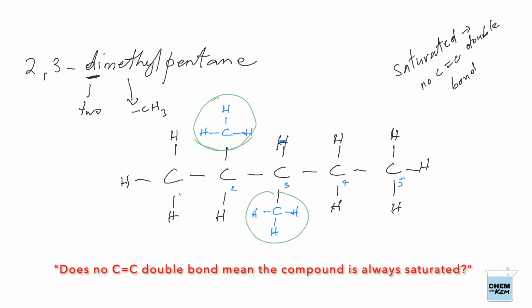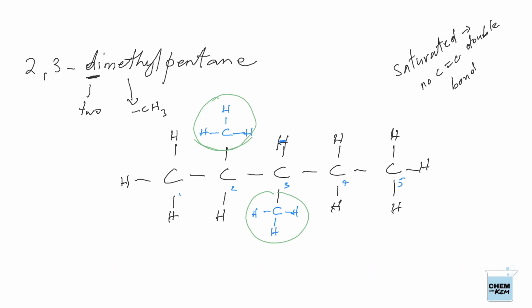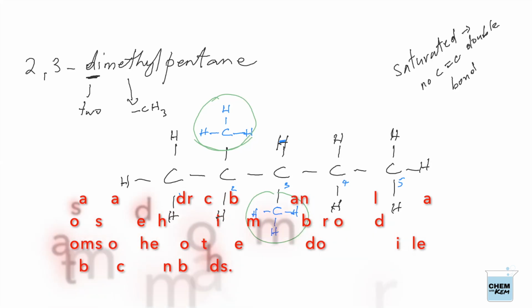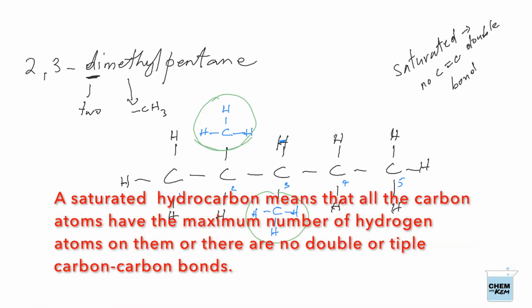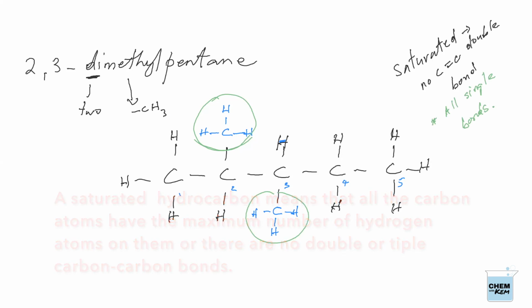So in a sense, saturated means all single bonds, no double bonds. Very good question. So let's put that there as well. So saturated also means all single bonds. All right. So the next one is saying 3-ethyl 2,4-dimethyl hexane.